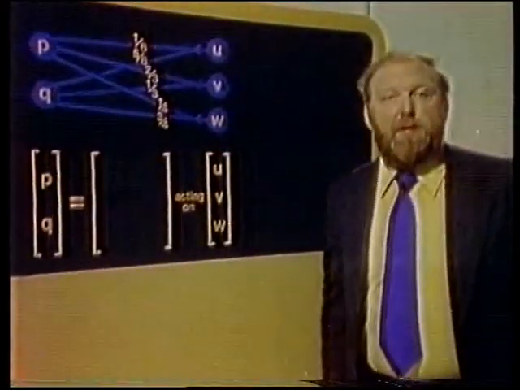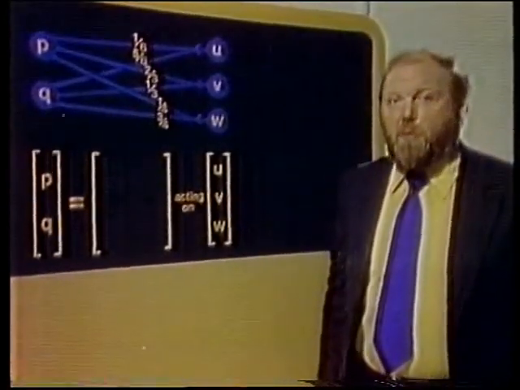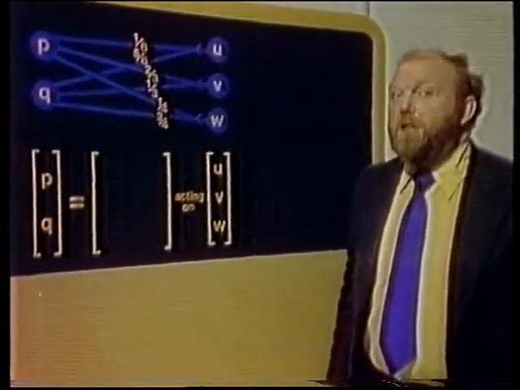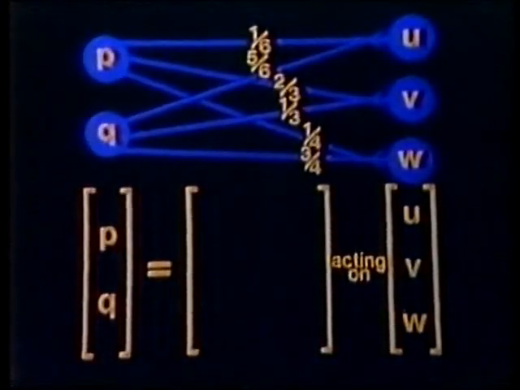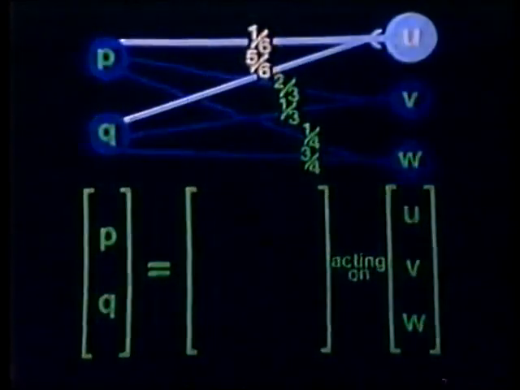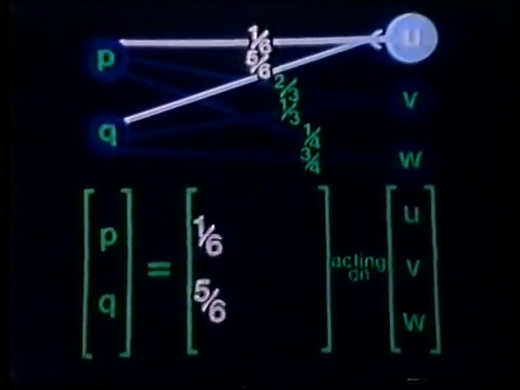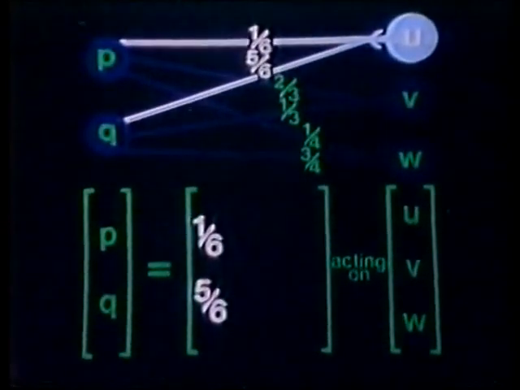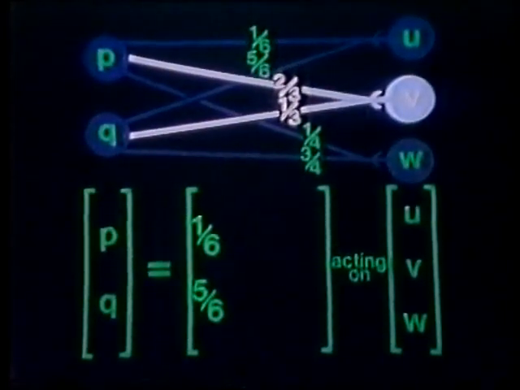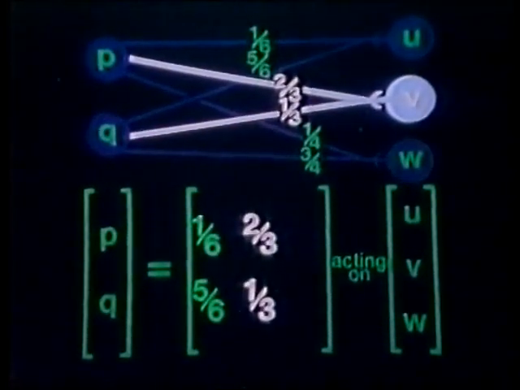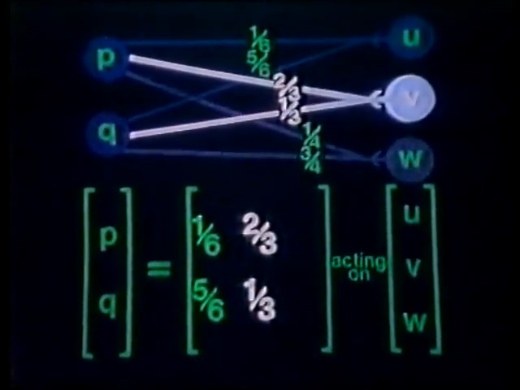So let's set up the matrix. Remember, we make the columns correspond to the inputs. So we look at the proportions flowing from the first input and put these in the first column. Then we take the proportions from the second input and put them in the second column. And finally, the third column.